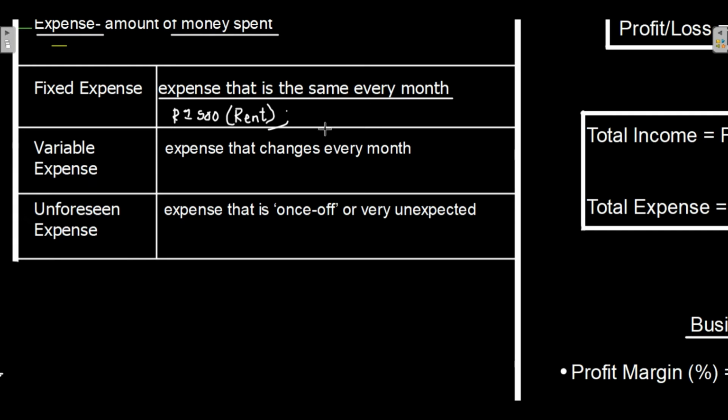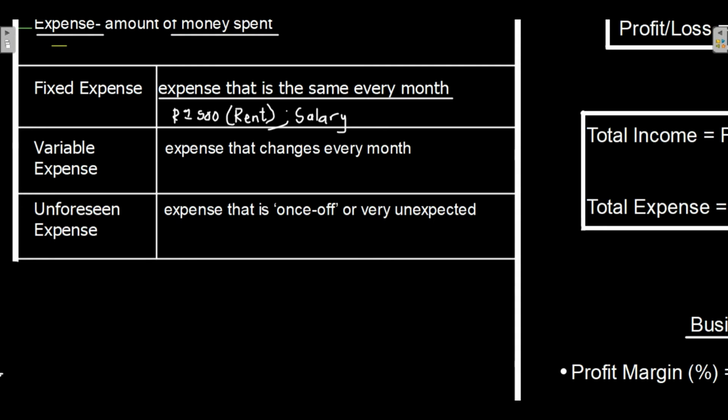But say you have the salaries, the salary that the company will pay out to employees will be the same throughout the year. So this is on a business level, and the rent could also be on a business level because a lot of companies rent out the land that they operate on.